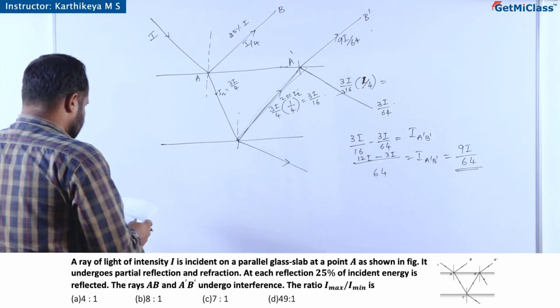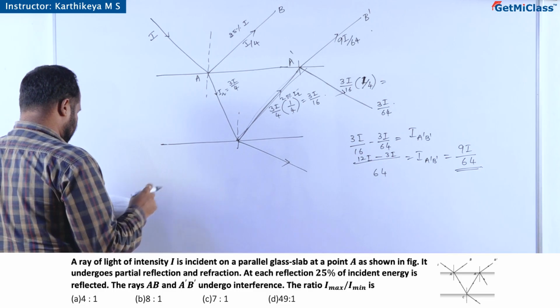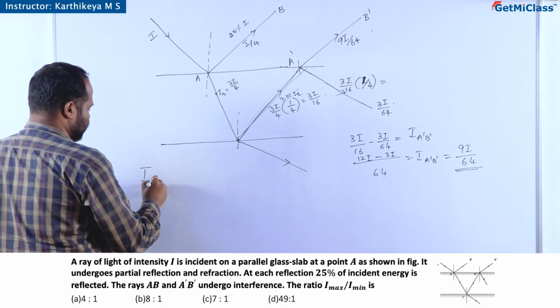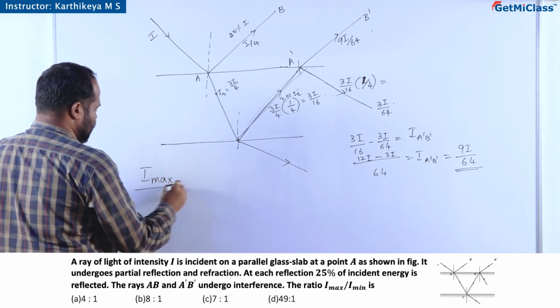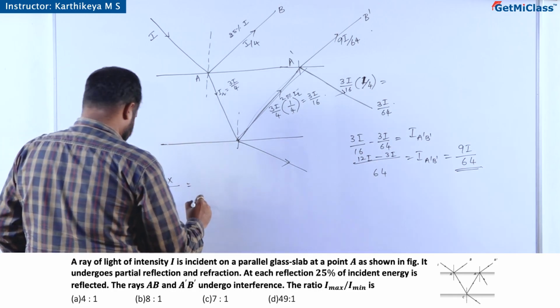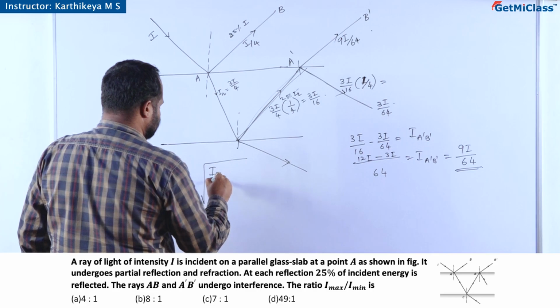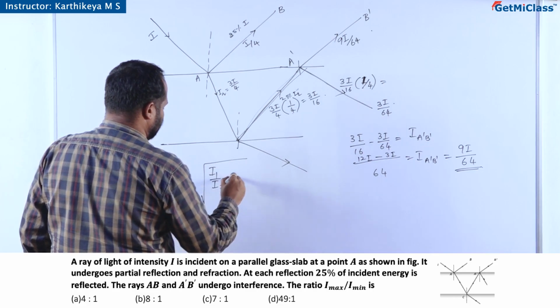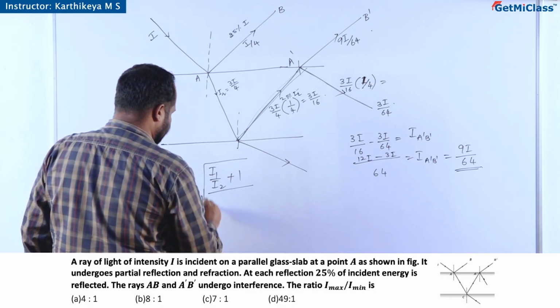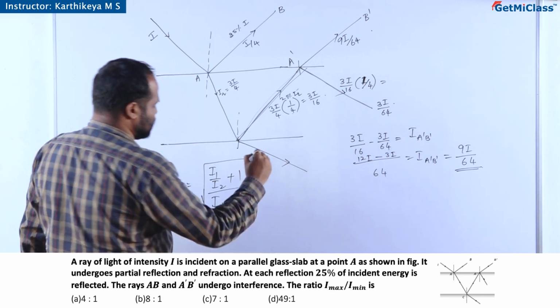Now, the ratio of the maximum to minimum intensity. So, I max by I minimum will be root of I1 by I2 plus 1 divided by root of I1 by I2 minus 1.